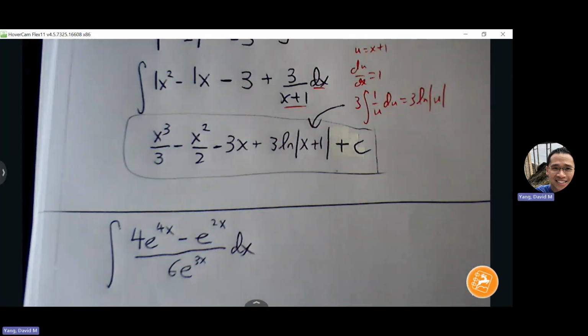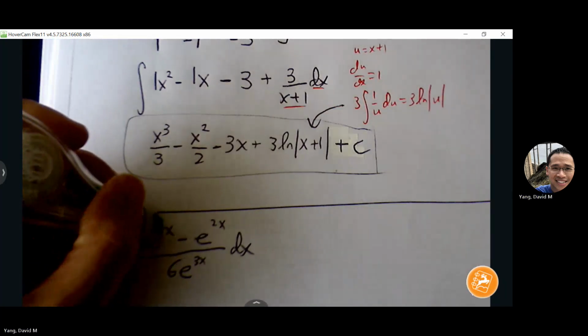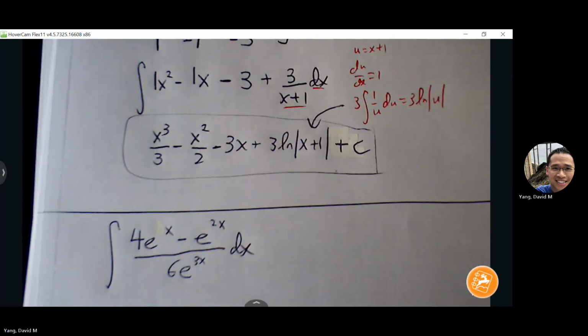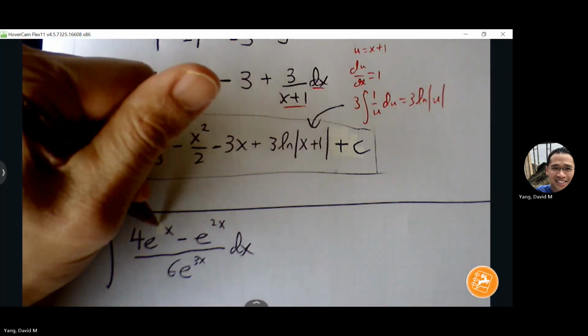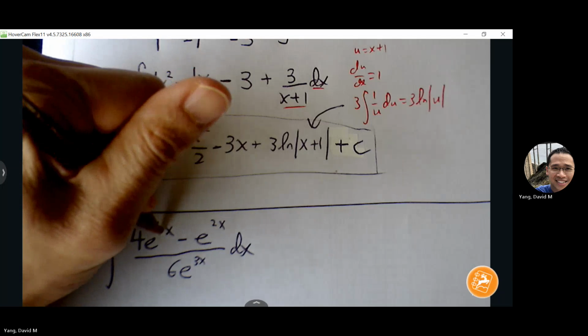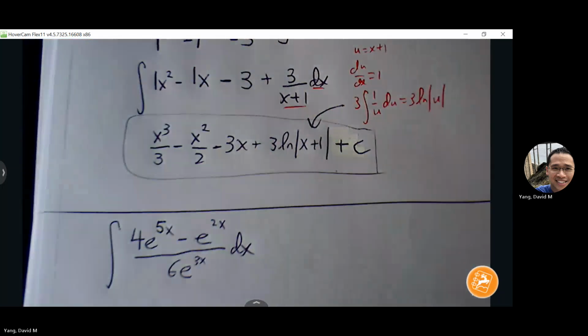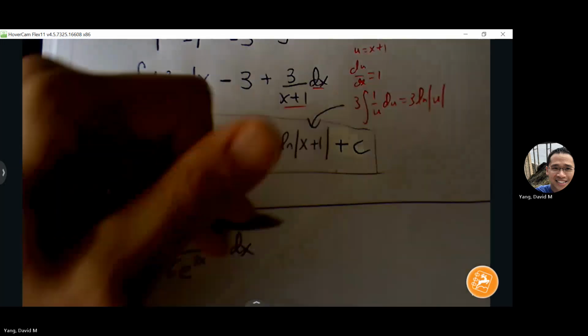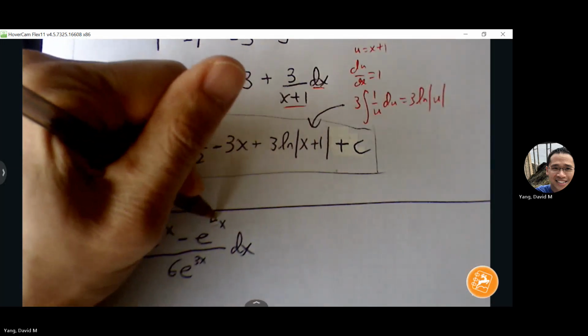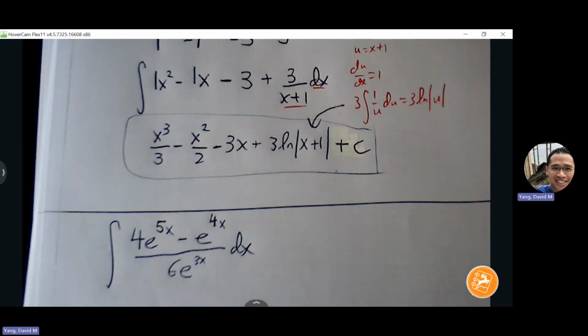Let me change this a bit here. Okay, integral of 4e to the 5x minus e to the 4x all over 6e to the 3x.